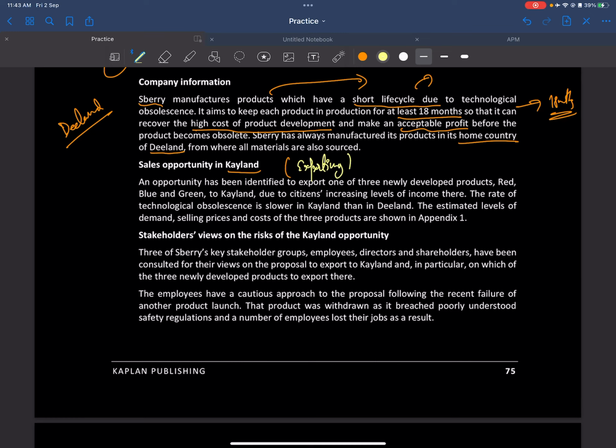So it has identified three new products, red, blue and green, right? And an important thing over here, you see the rate of technological obsolescence is slower in K-land than in D-land, so we could use that, right? Estimated levels of demand, selling price and cost are given in appendix 1.